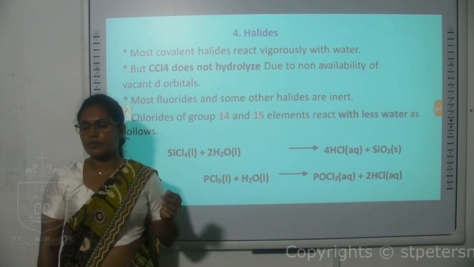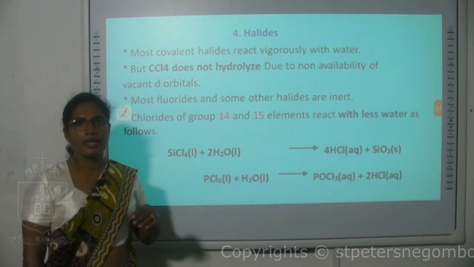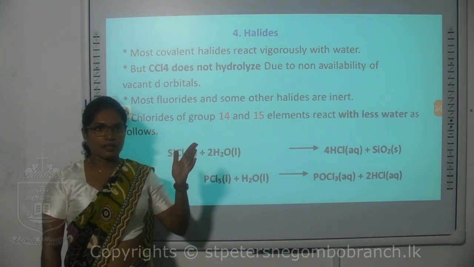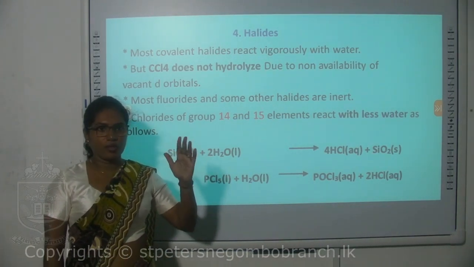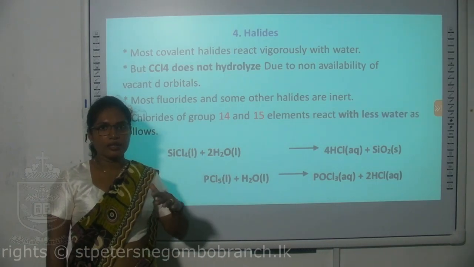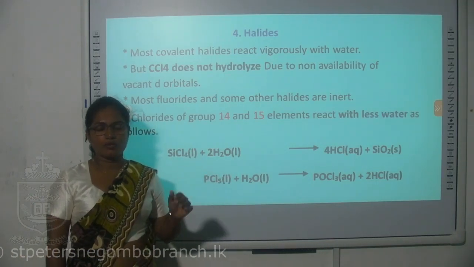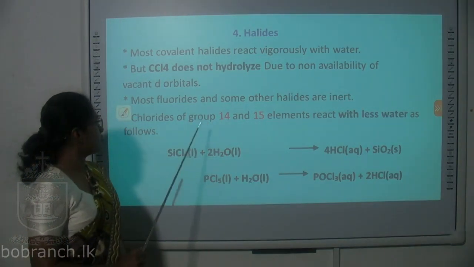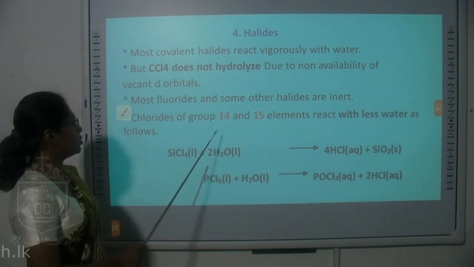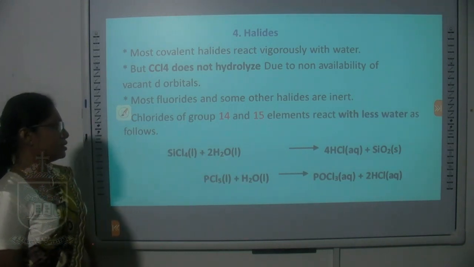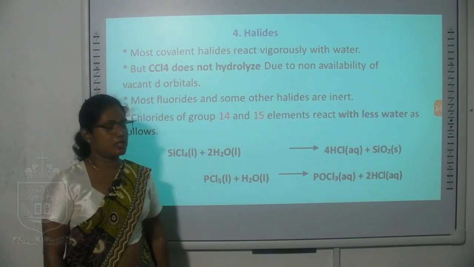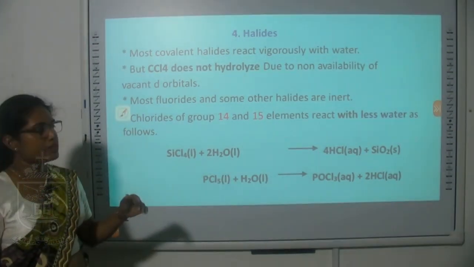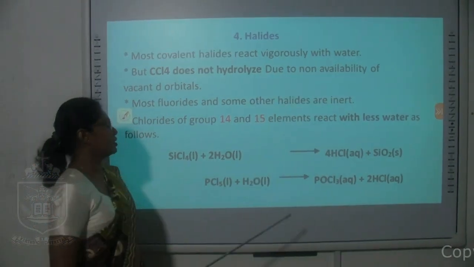Then most of the fluorides and some other halides are inert, but the halides of bromine and iodine react with water. Now we have to see how the group 14 and 15 elements react with water. First, I am going to show you how they react with less water.